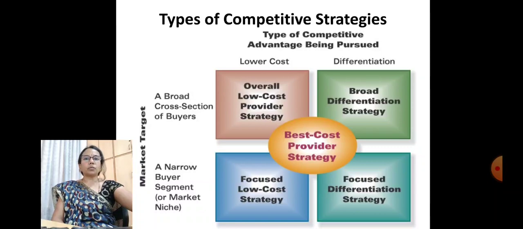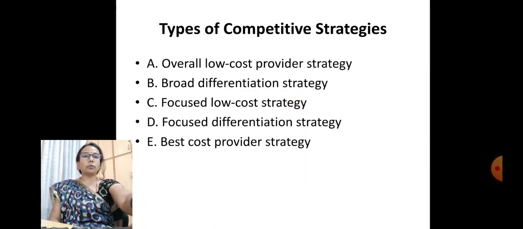So let me go into detail about the first 2 competitive strategies, overall low cost provider strategy and broad differentiation strategy, in this video. In an upcoming video I'll be covering the rest 3. Coming to the first type, overall low cost provider strategy.